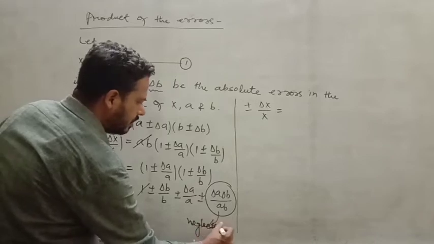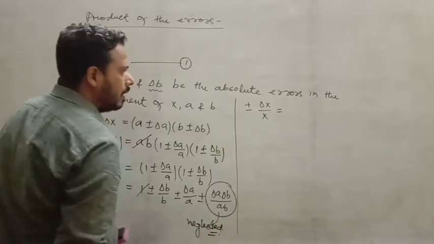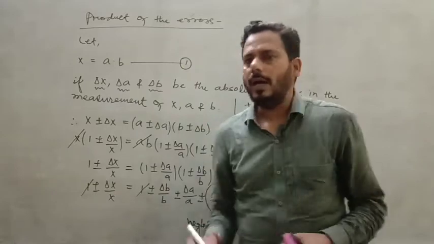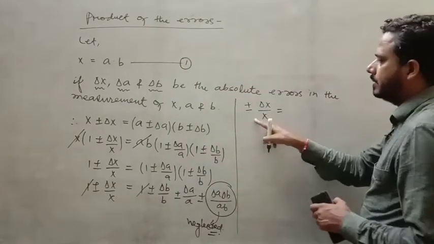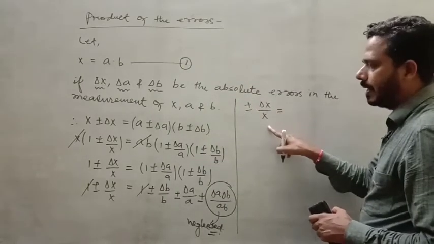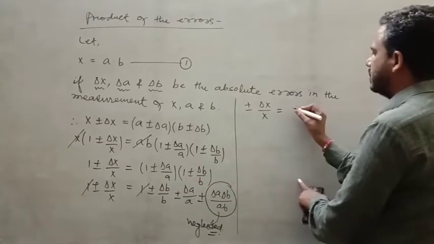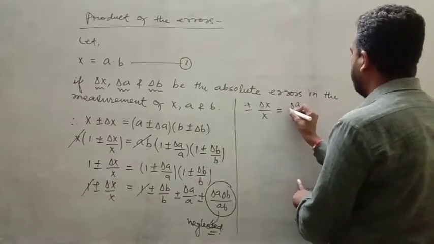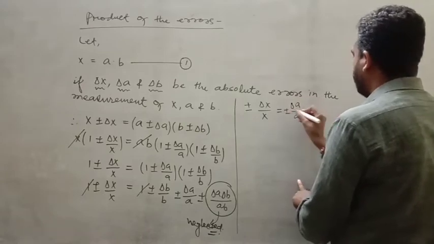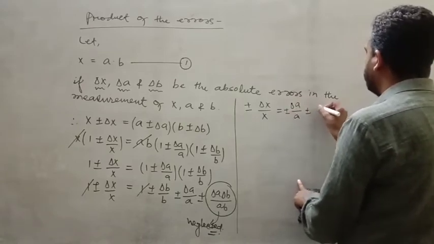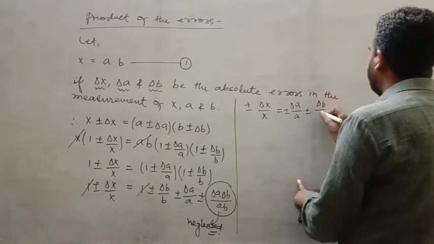Now you have only plus minus delta x by x, and you arrange this as delta a by a plus minus delta b by b.